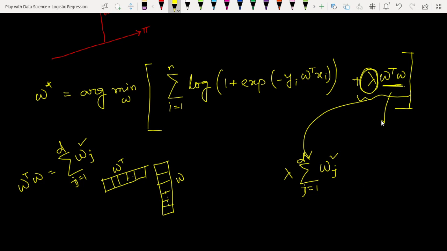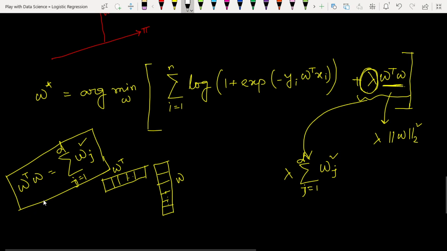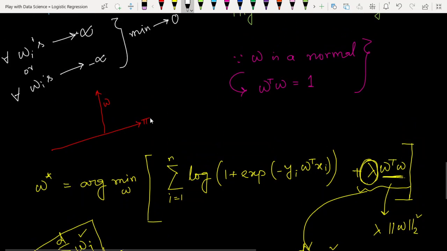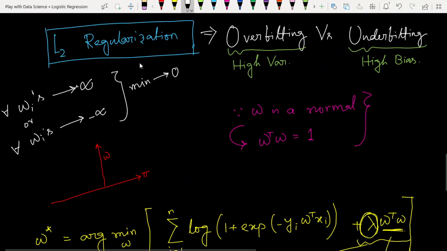Actually this is an L2 norm. Since we are using this squared multiplication, it is the L2 norm, so we call this regularizer the L2 regularizer.